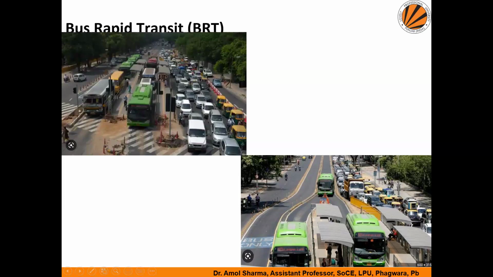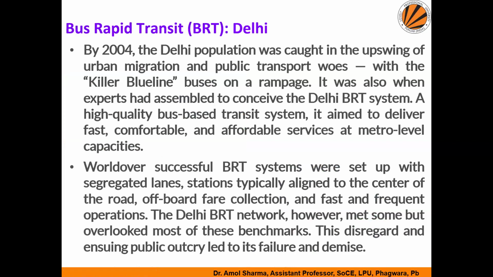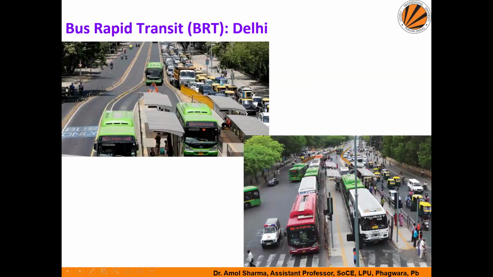Such a system was implemented in Delhi in 2004. It was a comfortable and affordable system in which bus traffic was segregated and a separate lane was provided for these buses. Eventually, new low-rise buses were bought by the government, and they started to operate inside the city with dedicated lanes.